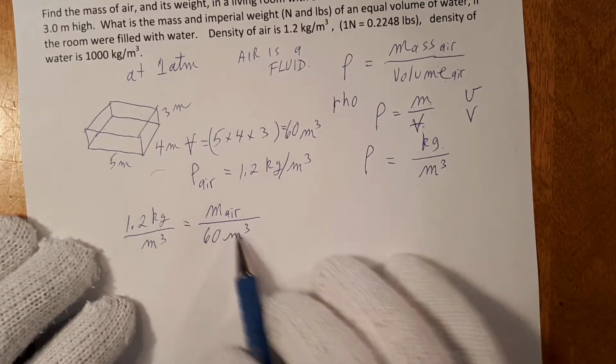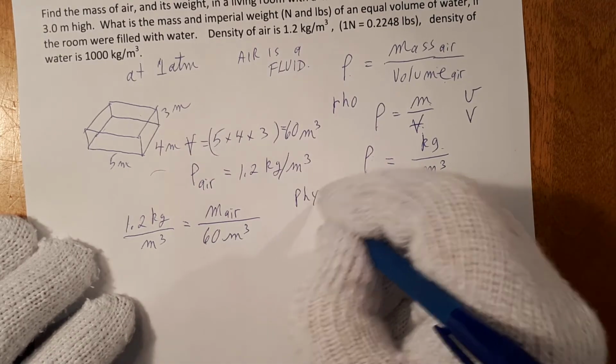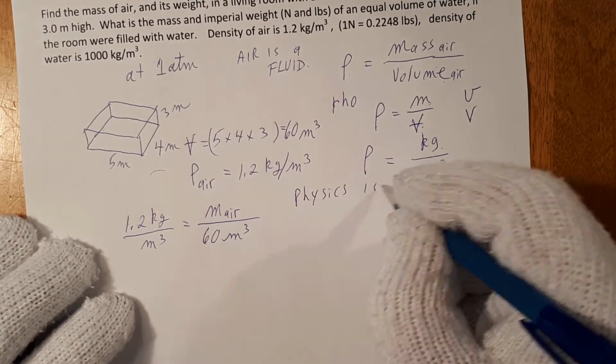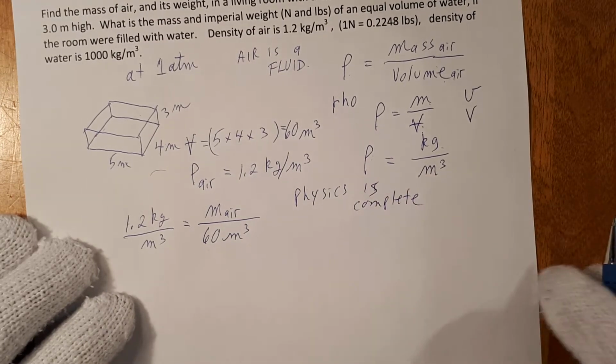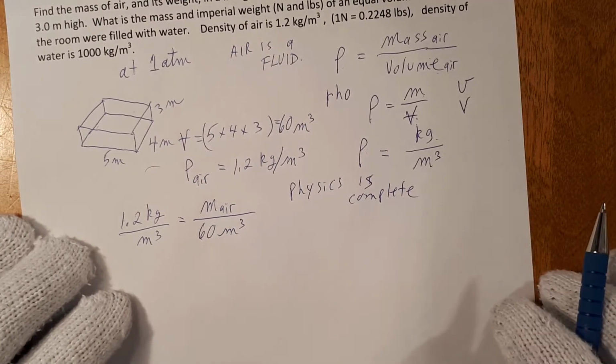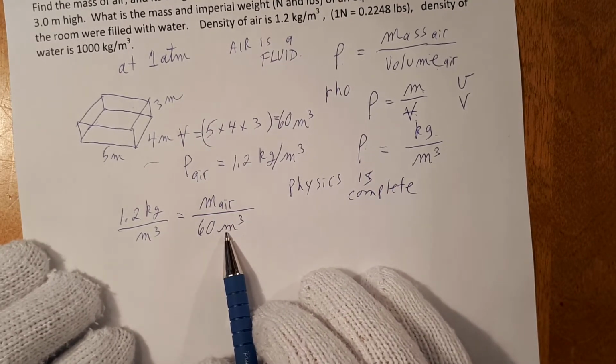Now it's just a little bit of algebra. Up to this point, the physics is complete. All that's left to do now is a little bit of algebra. So we're going to isolate the mass, multiply both sides by 60.